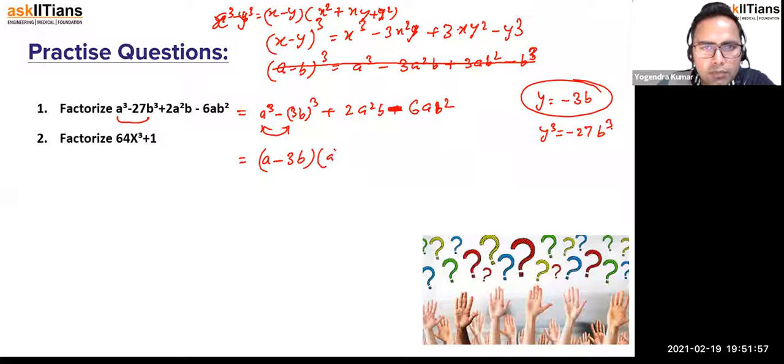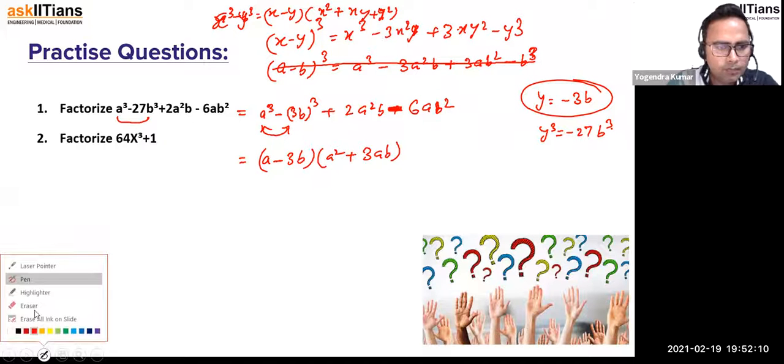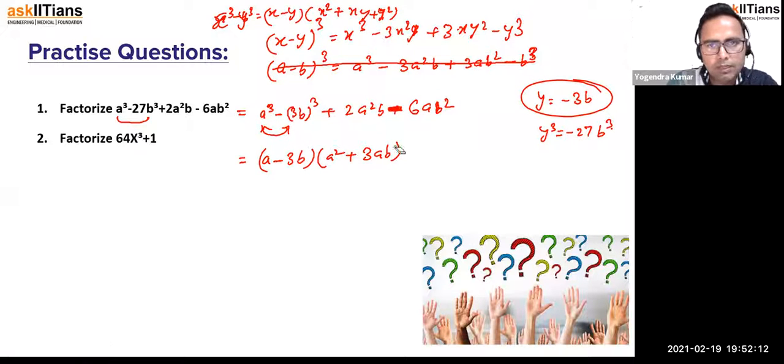Now here a square plus their product, so 3ab, and plus what do we need to do? What is the last term we need to write down? Plus 9b square, right?